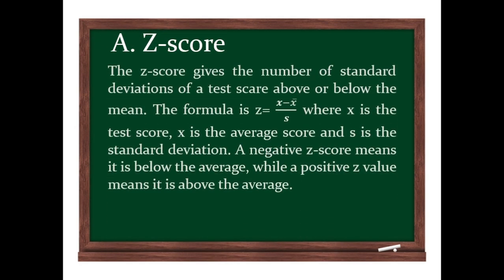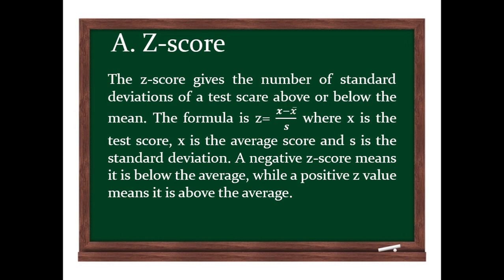Now, let's come to the subtypes of score. We have letter A, z-score. The z-score gives the number of standard deviations of a test score above or below the mean.